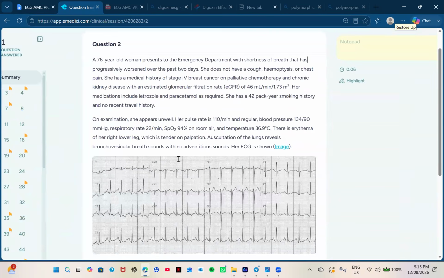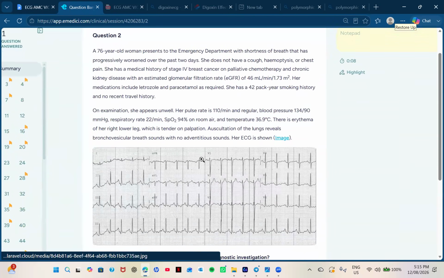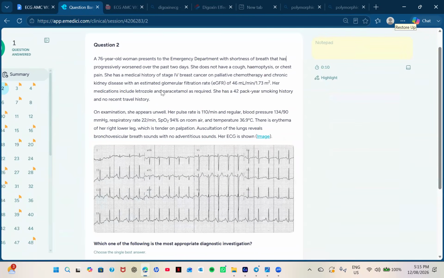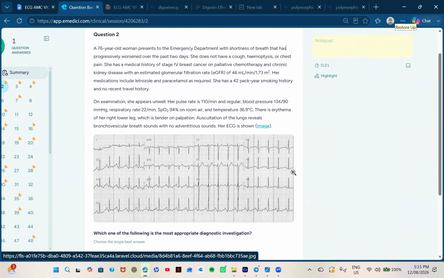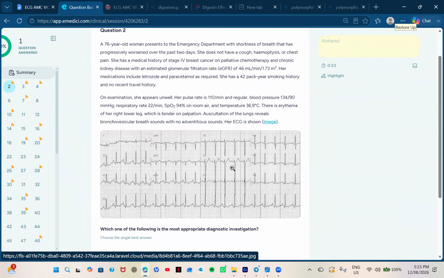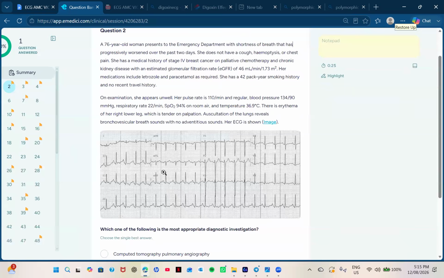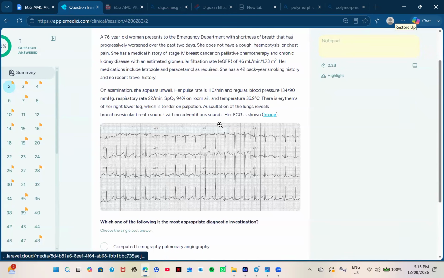A 76-year-old woman presents to the ED with shortness of breath that has progressively worsened over the past 2 days. She does not have cough, hemoptysis, or chest pain. She has a medical history of stage 4 breast cancer on palliative chemotherapy and chronic kidney disease with GFR 46. Her medications include letrozole and paracetamol as required.